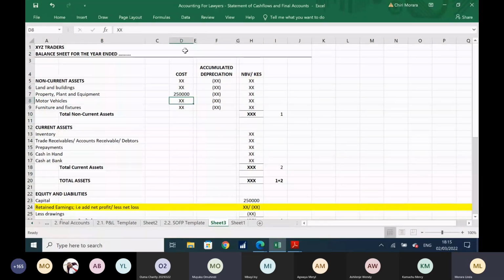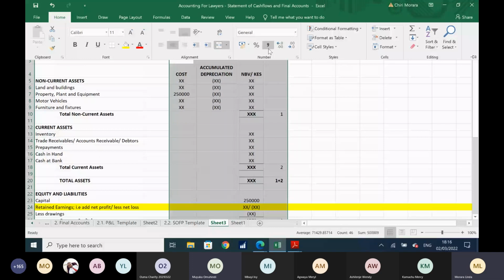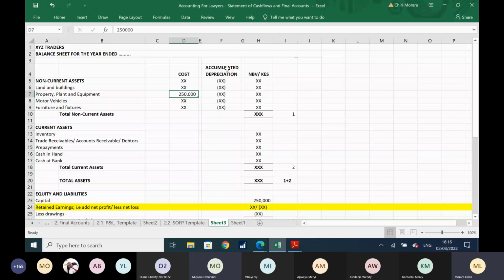What I may not have explained, what I neglected to explain, is that our accumulated depreciation is the depreciation that has been accumulated over the previous years.